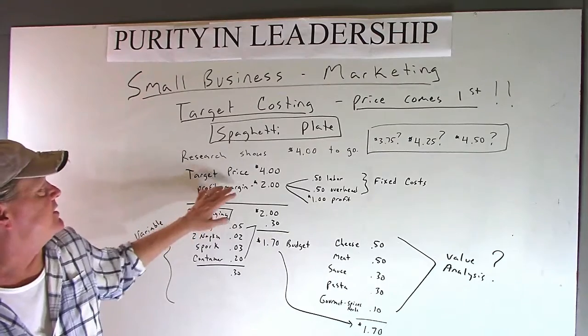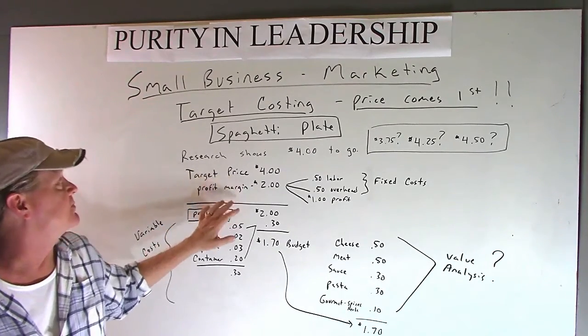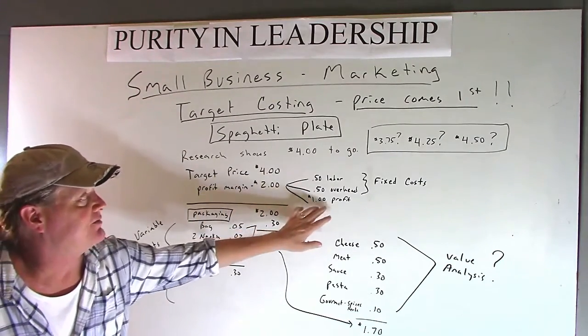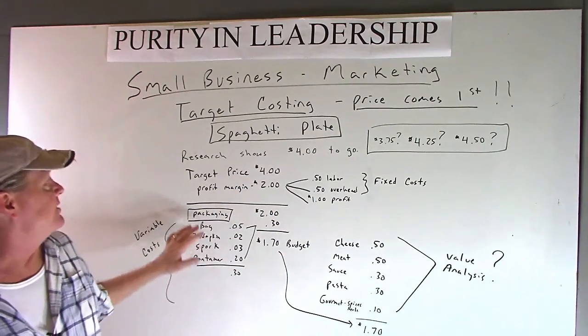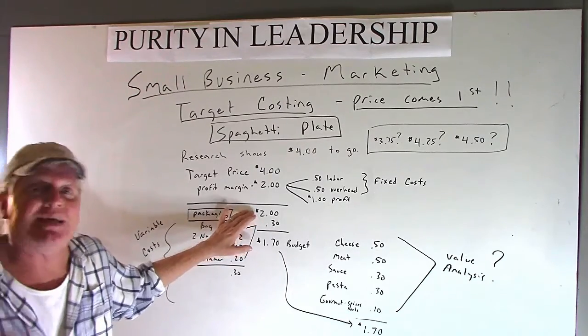So let's go over this again. Target price for the spaghetti plate is $4. Our profit is $2, and here's how it's divided up. We actually make $1 off of each plate that we serve, and that leaves us with $2 for the actual product.